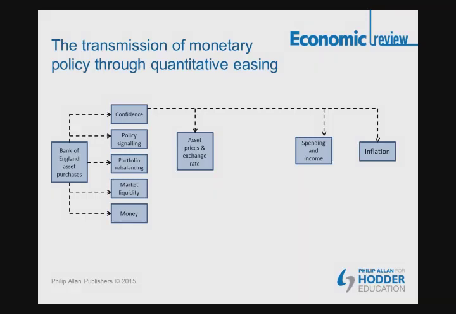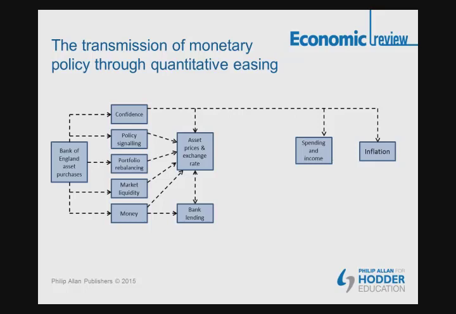These other effects of the asset purchases, the policy signalling, rebalancing, and the effect on market liquidity, would work together to reinforce the effects on asset prices and the exchange rate, and the increase in money supply would operate to reinforce it as well through the effect on bank lending.